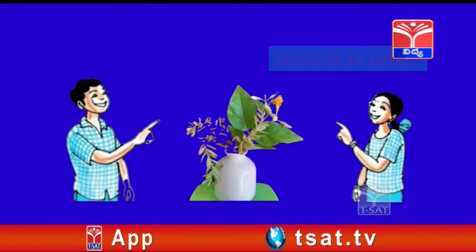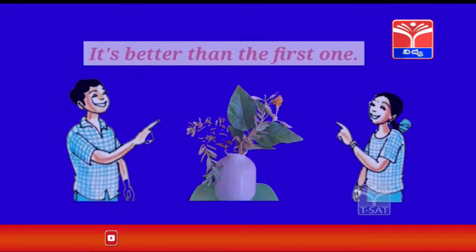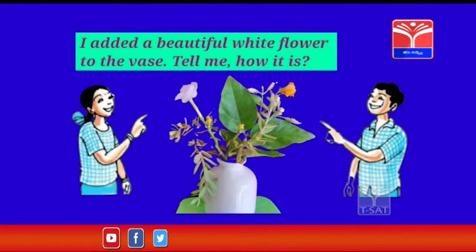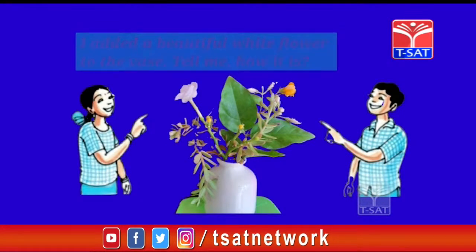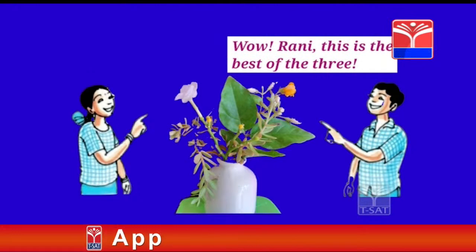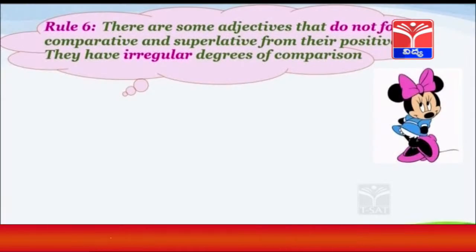How is it now? It's better than the first one. I added a beautiful white flower to the vase. Tell me how it is. Wow, Rani. This is the best of the three. Thank you.